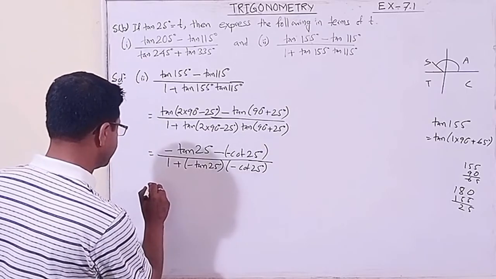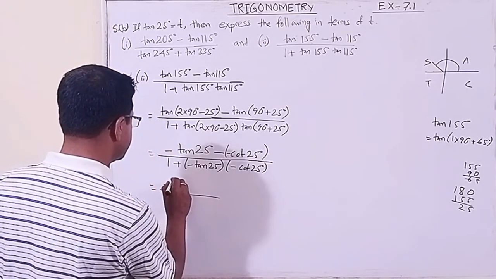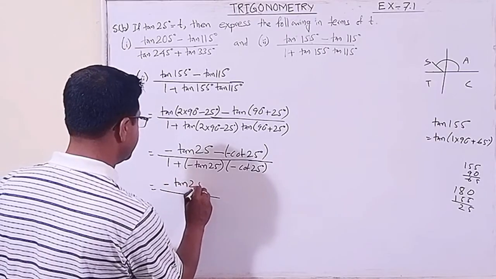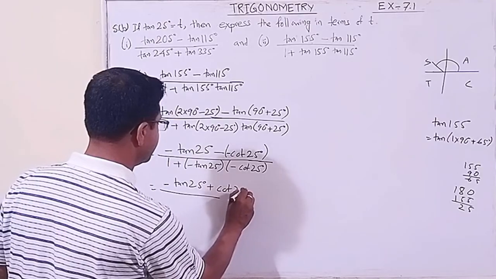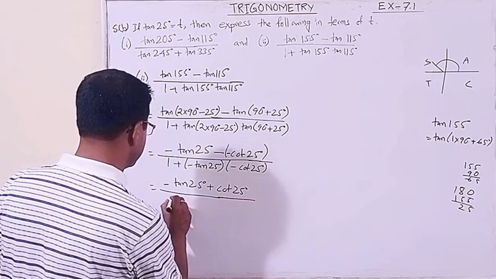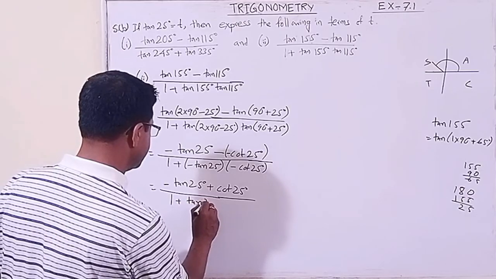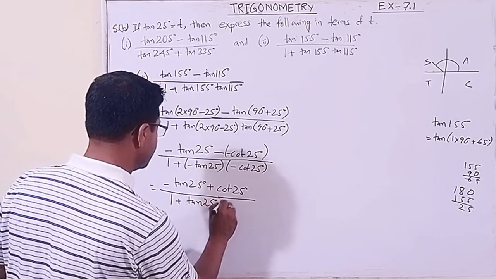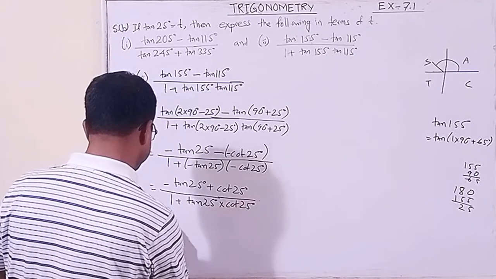Okay, done. Minus tan 25 degree plus cot 25 degree, 1 minus plus tan 25 degree into cot 25 degree. Got it?